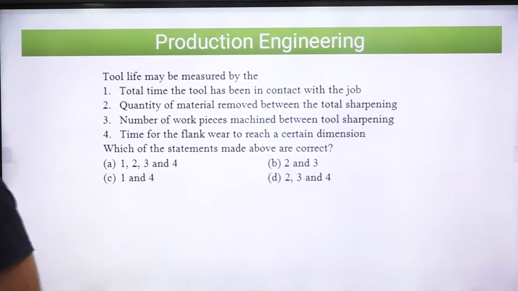Okay, go ahead. Tool life may be measured by.